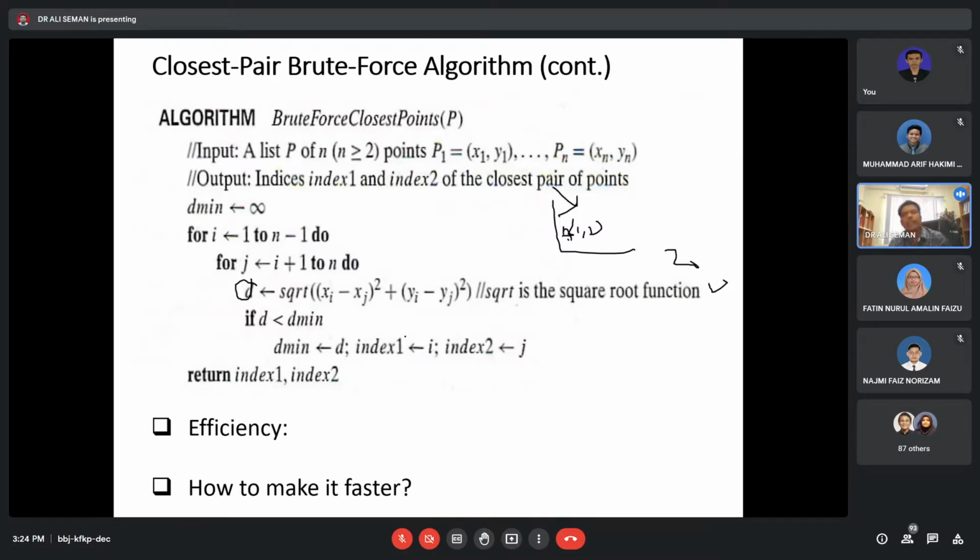So this is the process to find the closest pair. Before we discuss the details again, what is the efficiency for this?